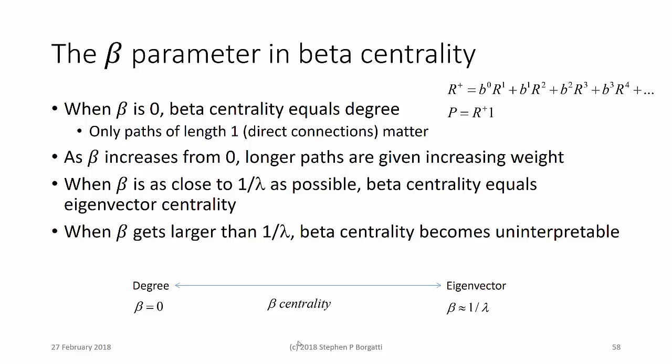So there's no reason ever to use eigenvector when you've got beta centrality. It's the larger case that eigenvector is the special case of. Okay, so let's think about what it would be in the case of an incoming and an outgoing tie, or incoming and outgoing kind of centrality.